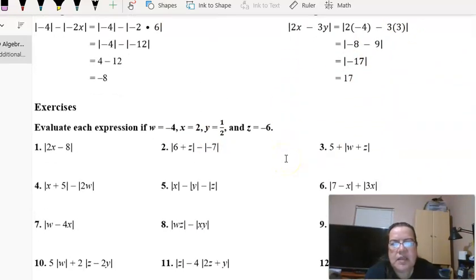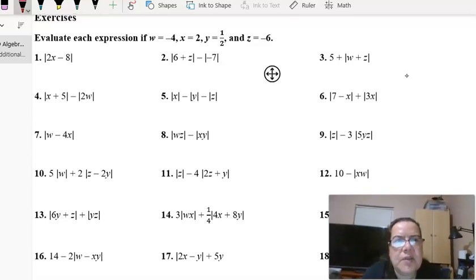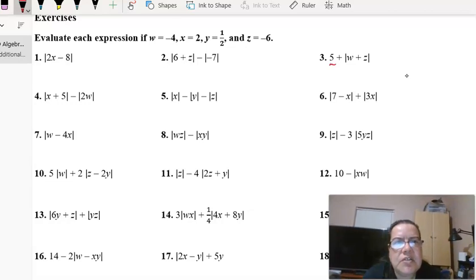So let's go ahead and look at this here. So let's do problem number 3. And it says evaluate each expression, but they give you particular numbers for the letters. So I'm going to plug in stuff. So this actually turns into 5 plus the absolute value of W, which is -4, plus Z. And you remember plus a -6, right?